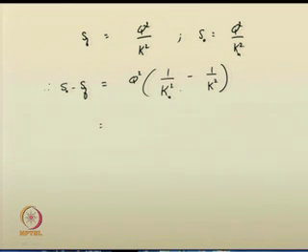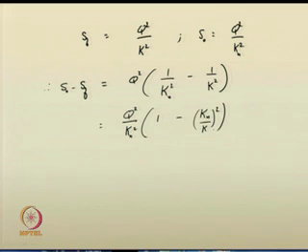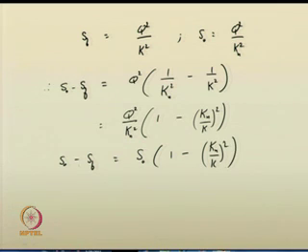If I take Q squared by K n squared as a common thing, what will remain here? 1 minus K n by K whole square, like this you will get. So, S 0 minus S f is nothing but S 0 into 1 minus K n by K whole square. So, you got the numerator of your dynamic equation in the following form. It is quite easy now.